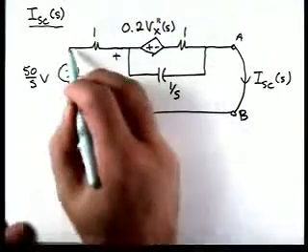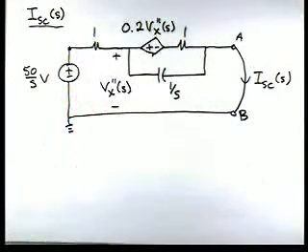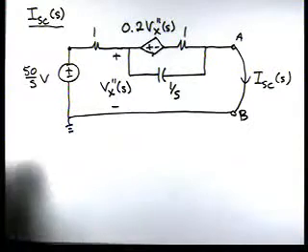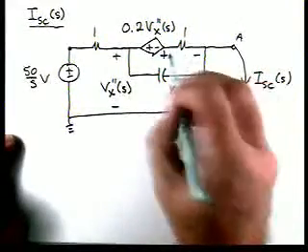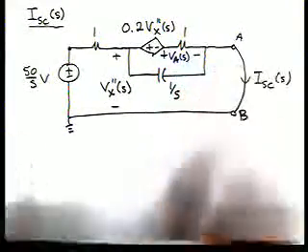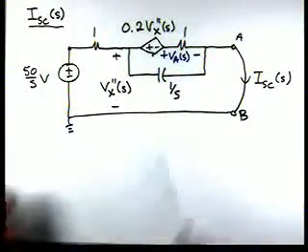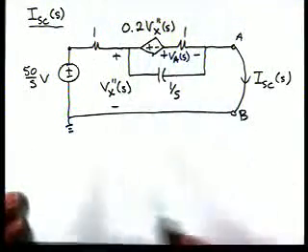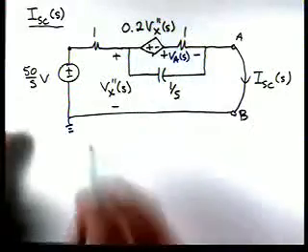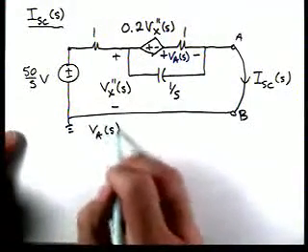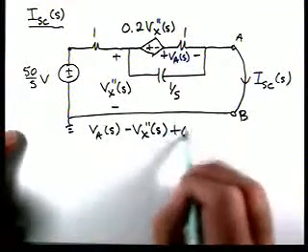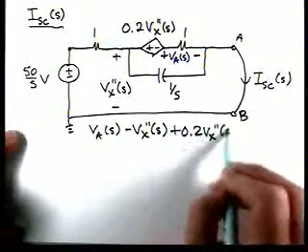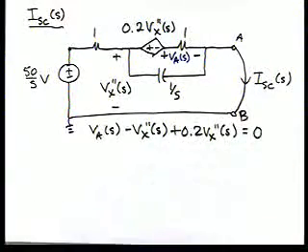So that tells us this node voltage. Now if we look at our circuit, for instance, if I define this voltage as VA, and if I go around the loop comprised of this element and back around here, I can write the following equation: VA of S minus Vx double prime of S plus 0.2 Vx double prime of S equal to 0.